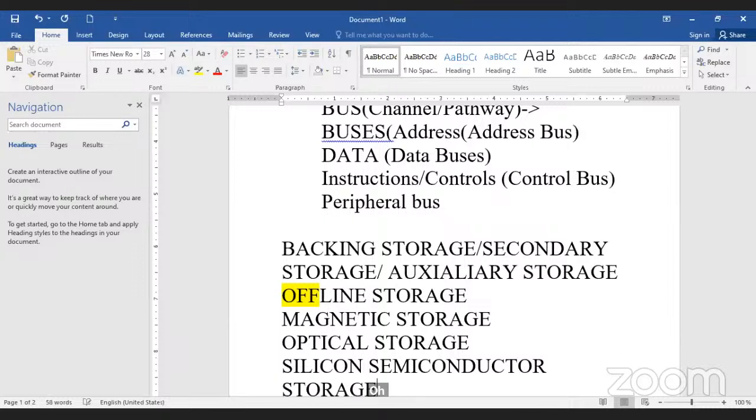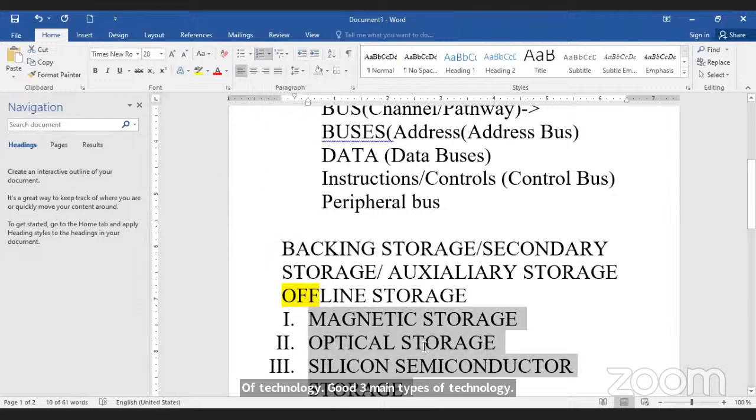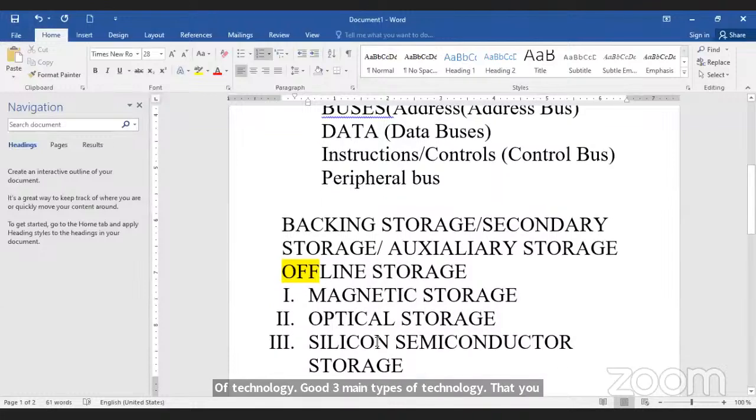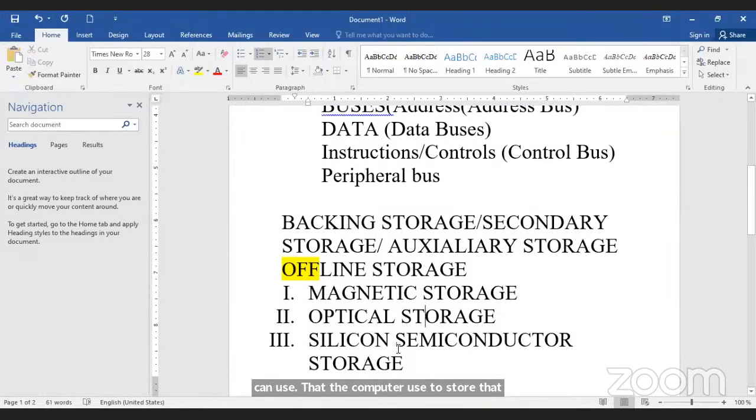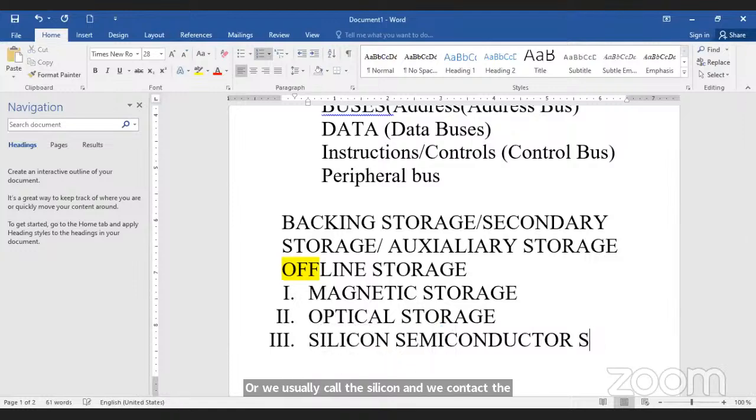These are the three main types of technology that the computer uses to store data. So these are the three main technologies that backing storage uses to store data in the computer system.